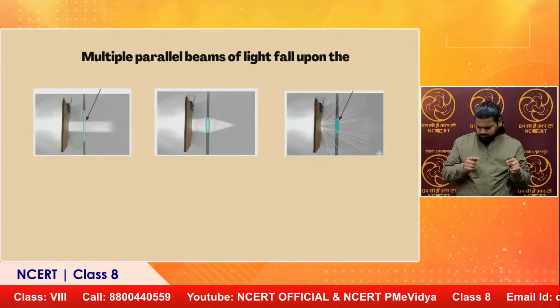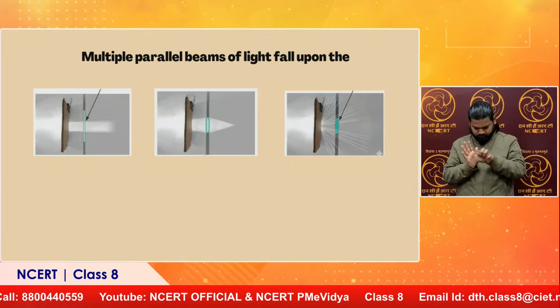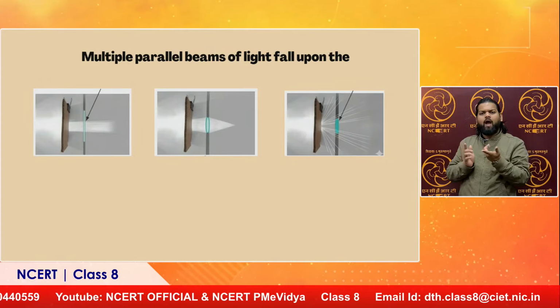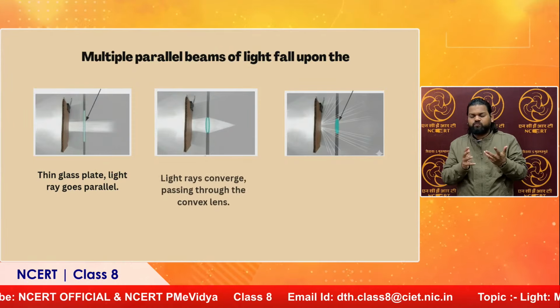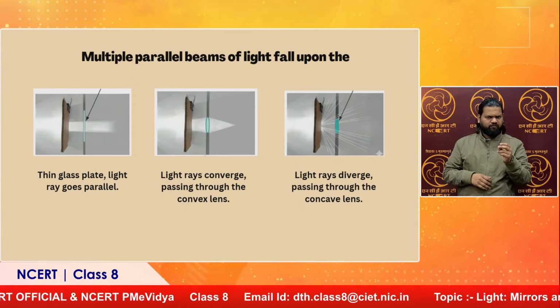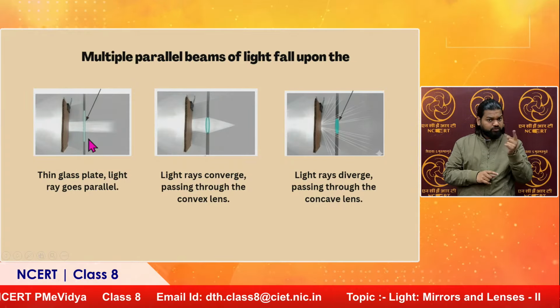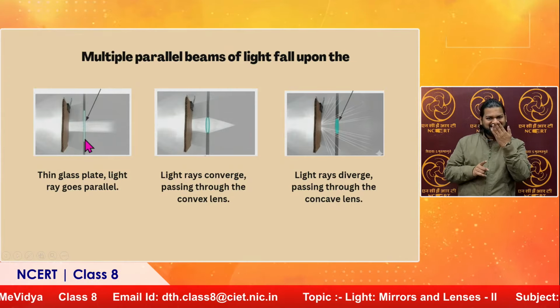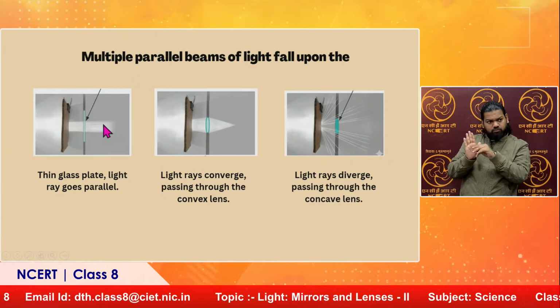One more point, how do we find out the difference, that yes, there is a difference between these. It is when the light rays fall on these lenses, how the light rays behave. Okay. So we quickly have the points on the screen. The first case, when it is a thin glass plate, the light rays go parallel to each other, right?